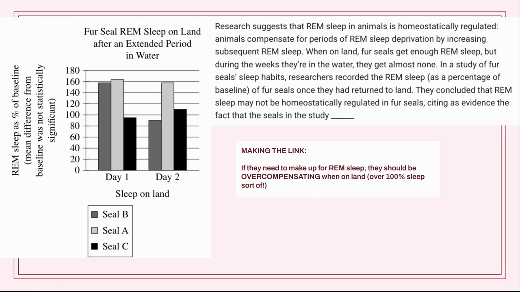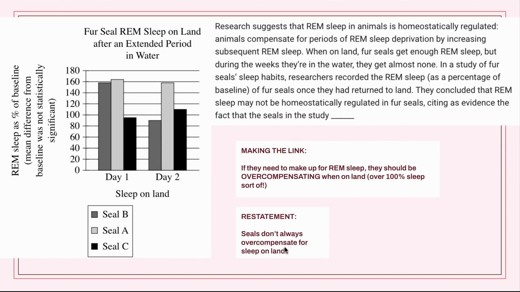That means they're getting over 100% sleep, sort of. So it's like they're trying to make up for all the nights that they lost sleep. So now they're going to sleep even more than they normally do to make sure they're getting enough sleep overall. But if they're saying that the sleep may not be homeostatically regulated in fur seals, their conclusion is that seals aren't always overcompensating for sleep on land.